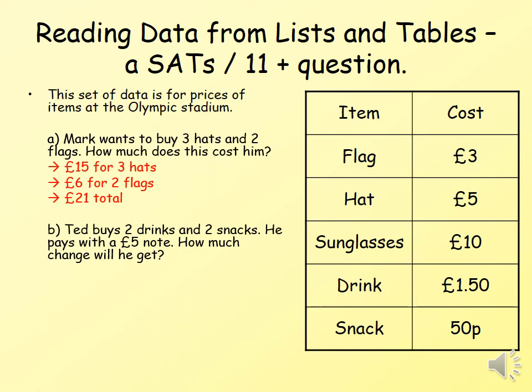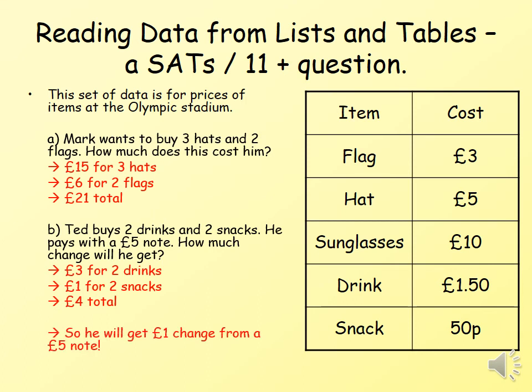So it's £3 for 2 drinks, and it's £1 for the snacks. Okay, making a total of £4. And of course he'll get a change of £1 from his £5 note.